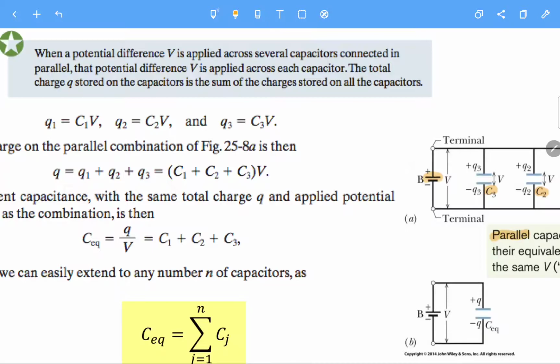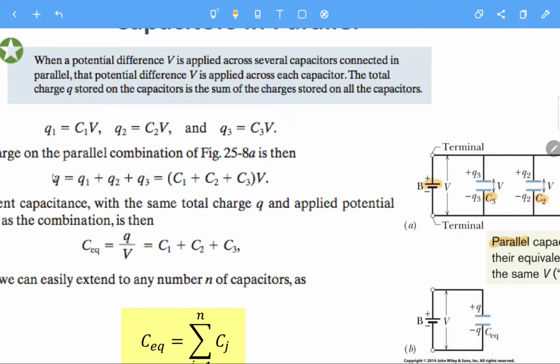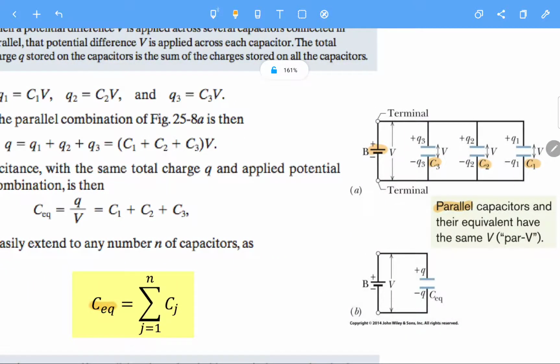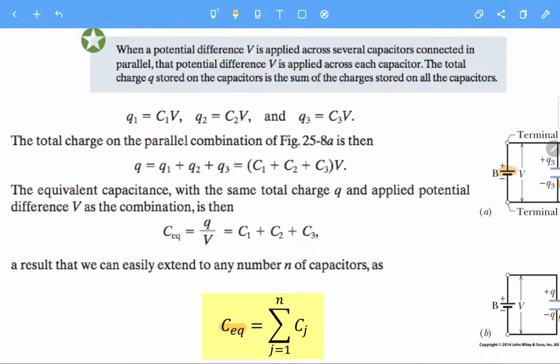We hope C_eq is an equivalent capacitor, which means that we remove these three capacitors and replace them by C_eq, and this charge should be the same as the total charge here, Q1 plus Q2 plus Q3. So this is a kind of conservation of charge.